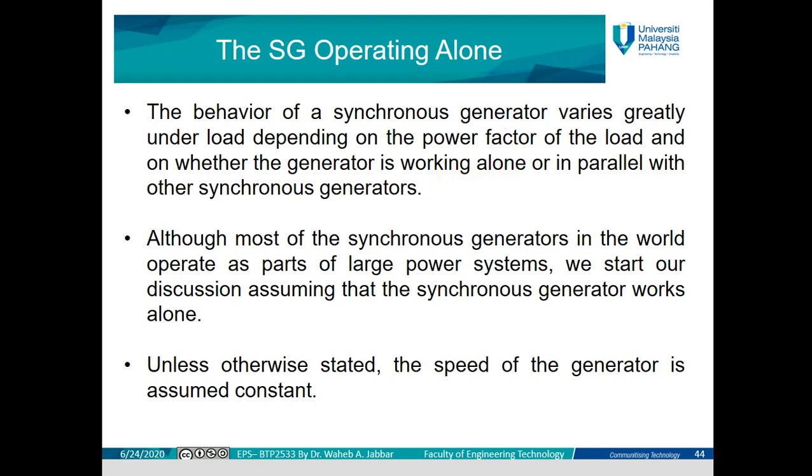This power factor has three cases: lagging, leading, or equal to 1. Lagging if our load is inductive, leading if our load is capacitive, and 1 when our load is resistive.